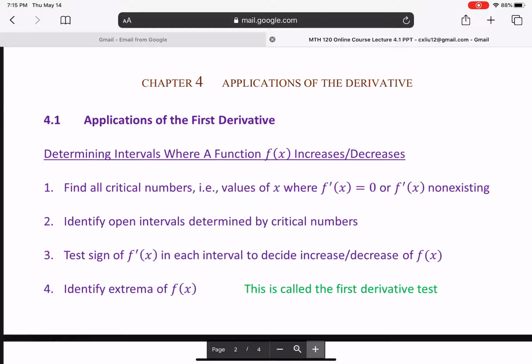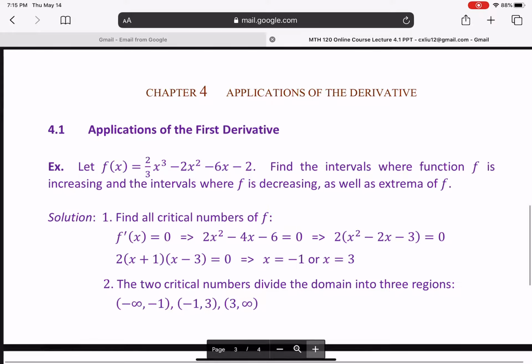Step 3, we test the sign of the derivative of the function in each interval and decide whether the function is increasing or decreasing. And in the last step, we identify extrema of the function from the information in step 3. This method is called the first derivative test because we only use the first derivative to find the extrema of a function. Let's do a simple example.